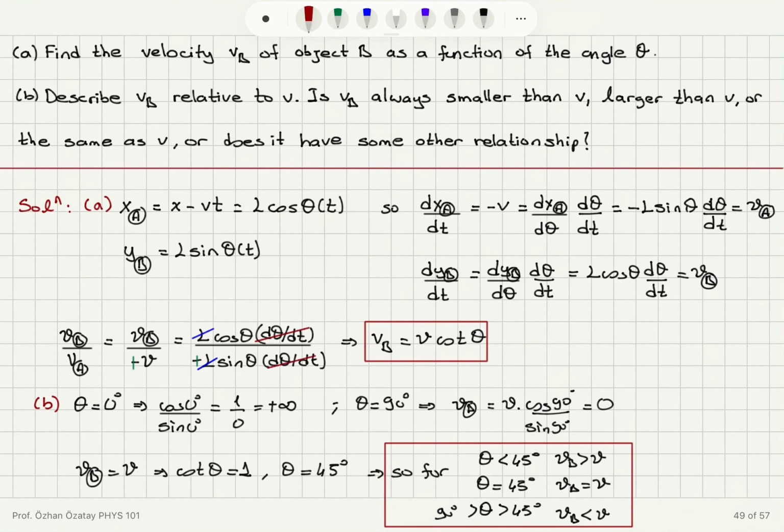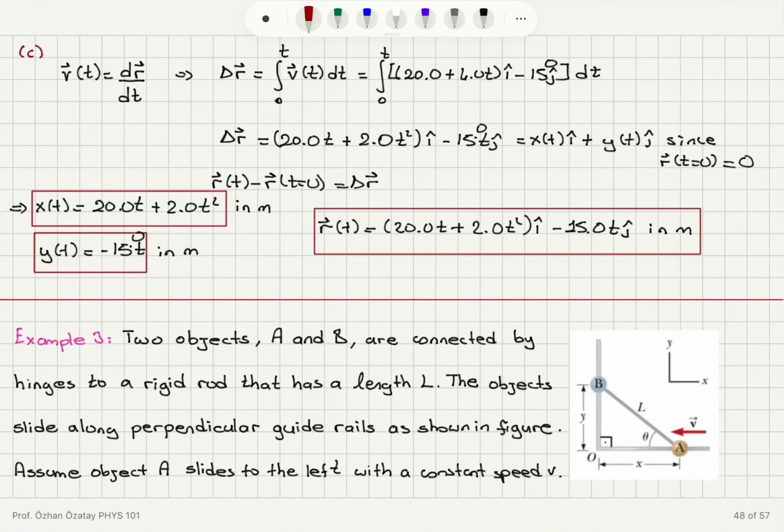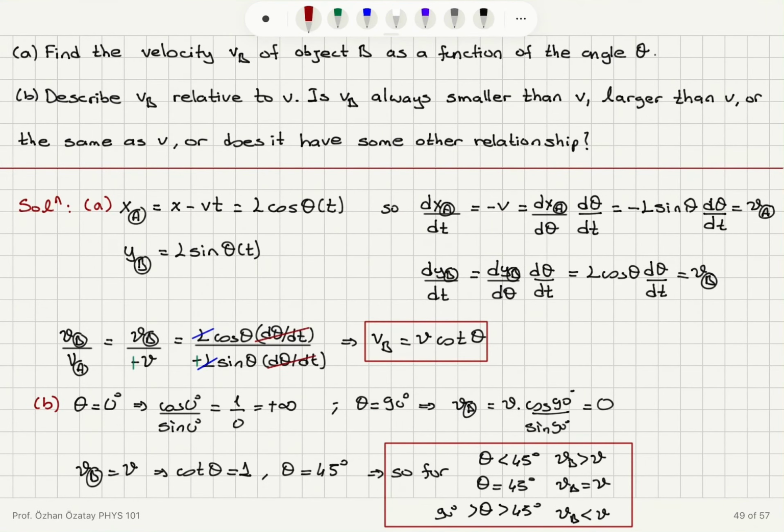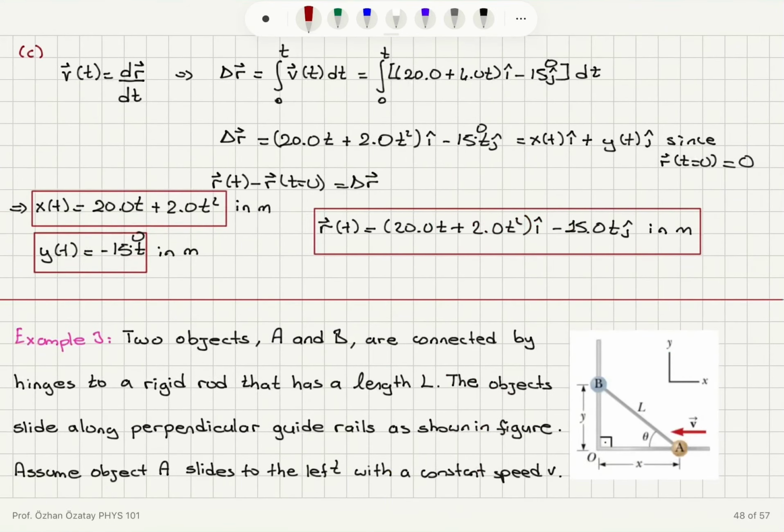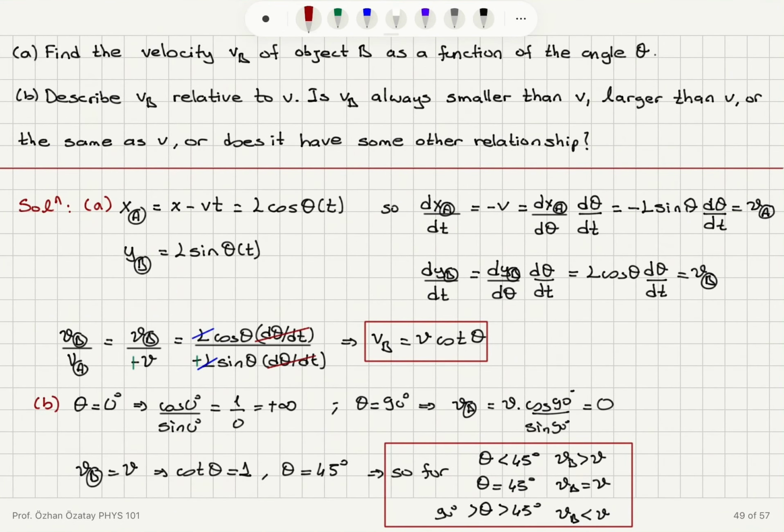We want to know the velocity VB as a function of angle theta and the relationship between VB and V. For that, I have determined the position of A as a function of time. It is, from the geometry, L cosine theta of t, which is x minus vt if I call the position at t equals 0 x, and yB is L sine theta of t.